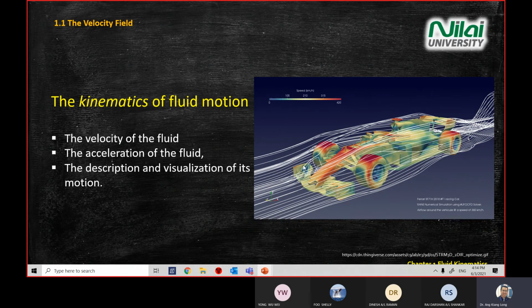So when you study the motion of the fluid on a body or on a surface, you will look at velocity, you look at acceleration of the fluid, and then you need some visualization of the motion. Okay, so today we will look at one of the tools to help you to visualize the motion. All right, velocity, acceleration, you have to know the difference between these 2 terms.